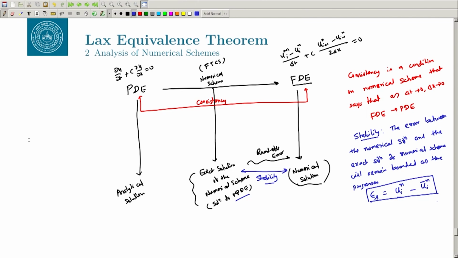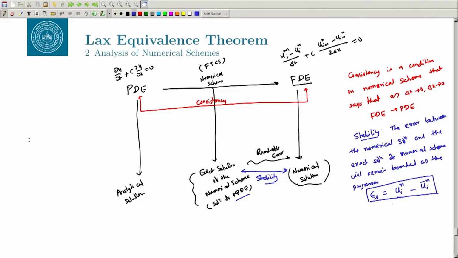So, that means that as you go ahead in time, at any given time the error should not be unbounded. Okay. It does not say that error may not become very large at a given point of time. At a given time it may become very large and that may not be acceptable to you also.